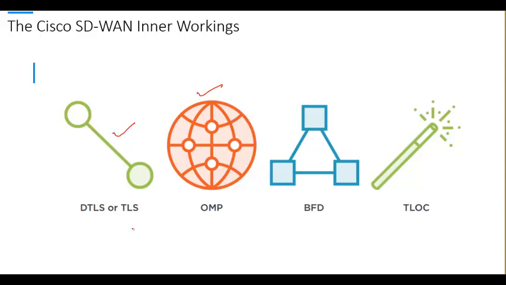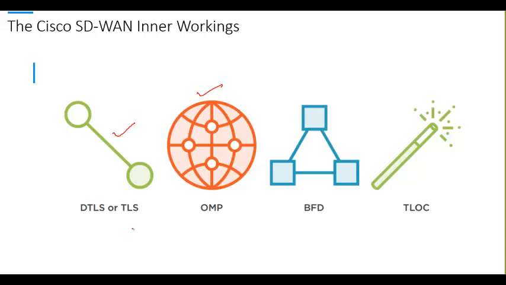So only the vSmart can calculate the routes as per the policy to the network destinations and distribute this information to all the WAN edge routers.